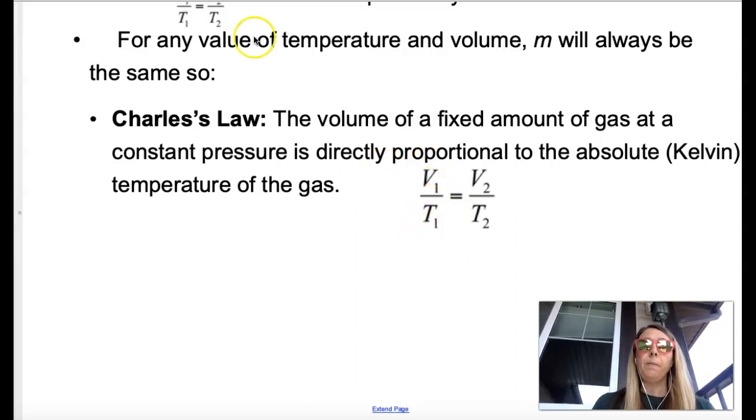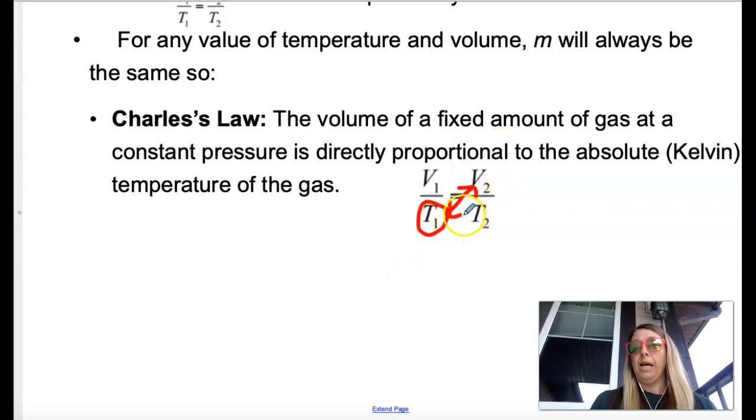So if I was trying to solve for T1, I would have to move that up here, which means the V2 would have to move down here, right? So I would swap them. And then because I would then have T1 over T2, I would have to move this T2 over here, okay? So temperature does definitely get a little bit messier.